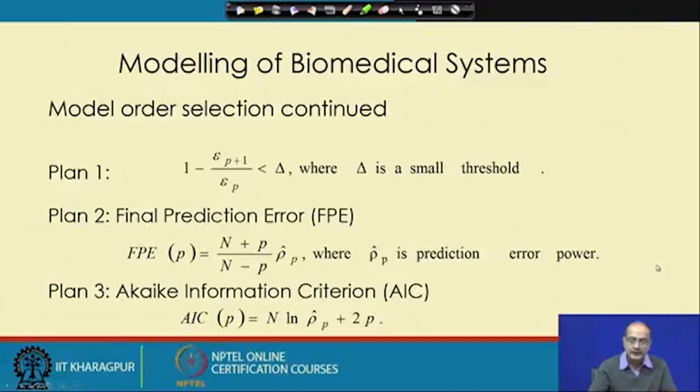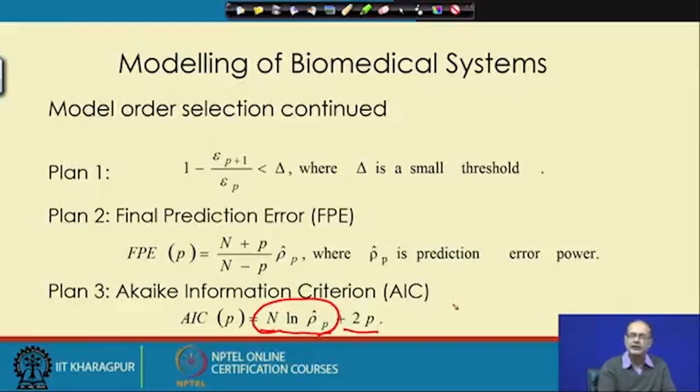It depends again on the prediction error power; we take the log of that and multiply with n. This term will decrease with the model order, and the second term will increase linearly.